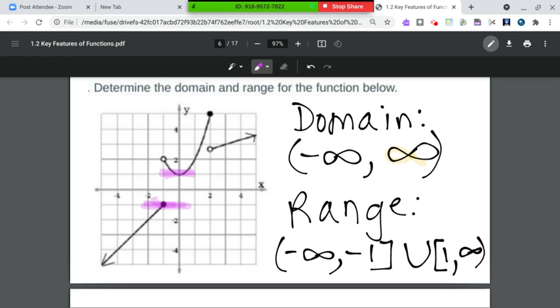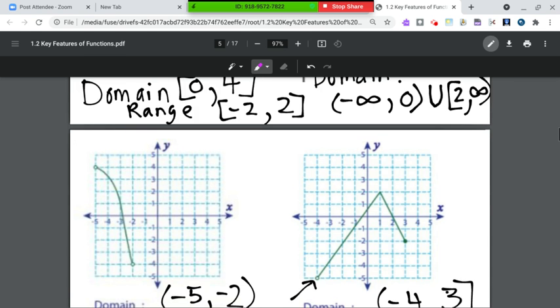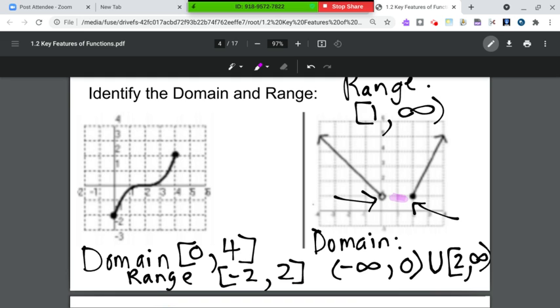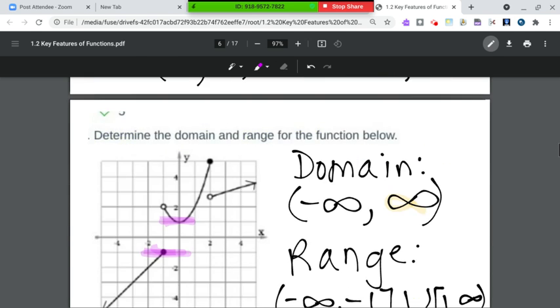Do you see how there's a gap there? Yeah. And if we go back to this other one that we did here, do you see how there's a gap here? Yeah. So you use a union when you're joining two sets when there's a gap in the graph. Okay?